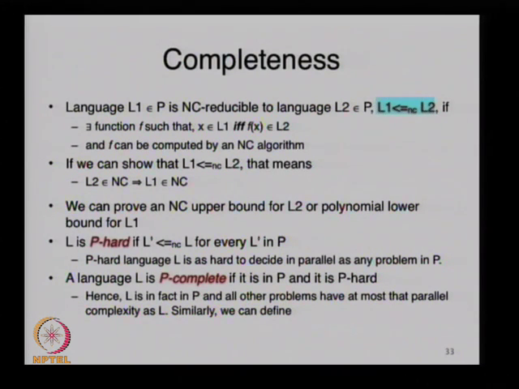Whatever was NP has turned into P, and whatever was P has turned into NC, and what was polynomial time reducible has turned into NC reducible, right? Reducible in parallel using a polylog number of steps.